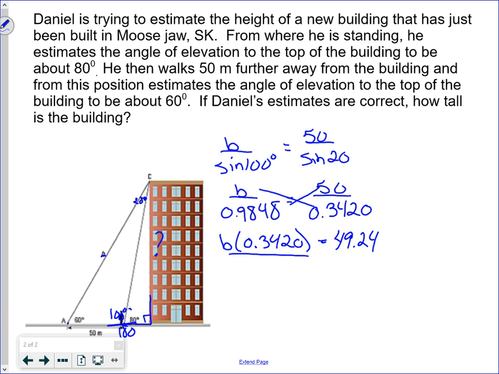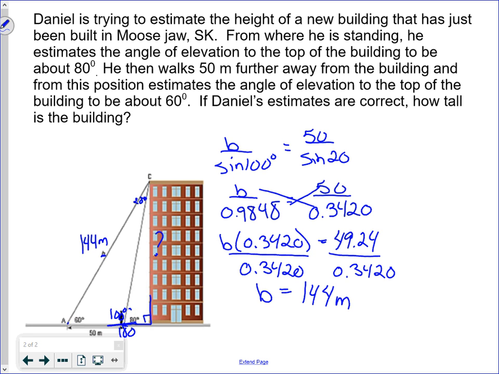Now we're going to divide out that 0.3420, and our B value will be 143.97. So we'll round that up to 144 meters. So that gives us side B, and this will help us to find the height of the building.